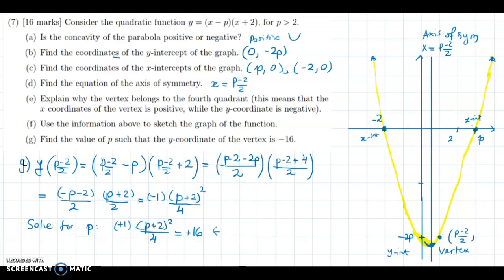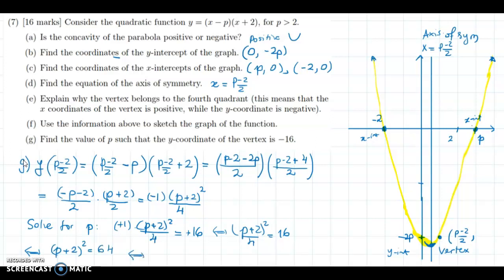So I'm trying to see when (p plus 2) squared divided by 4 is equal to 16. So if I multiply by 4 on both sides, the condition that I have is that (p plus 2) squared has to be equal to 16 times 4, and 16 times 2 is 32, times 4 is 64.